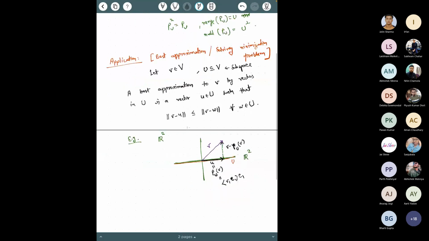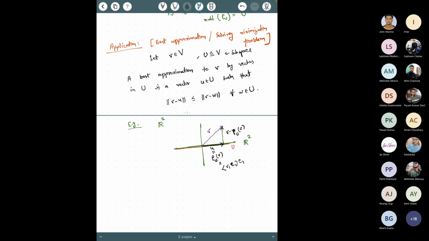For any vector space V and a subspace U, if U is finite dimensional, then we can compute the projection of V on U, and we can guess that the vector obtained by projecting V orthogonally on U would be the nearest vector to V among vectors from U. In fact, one can prove this easily.